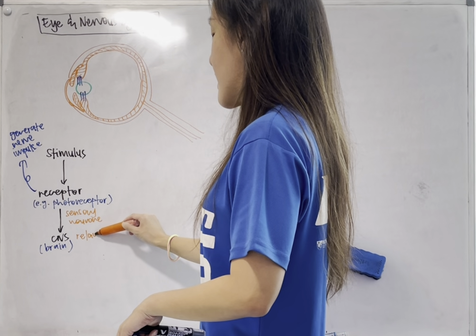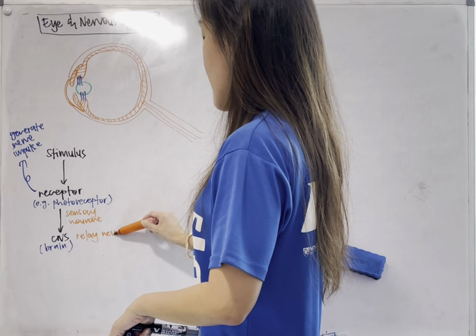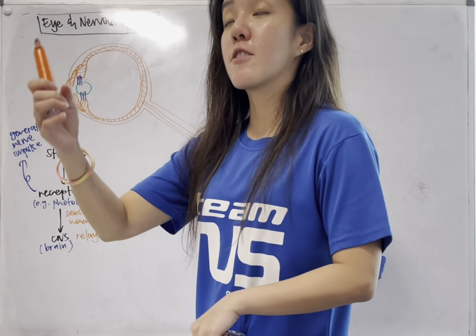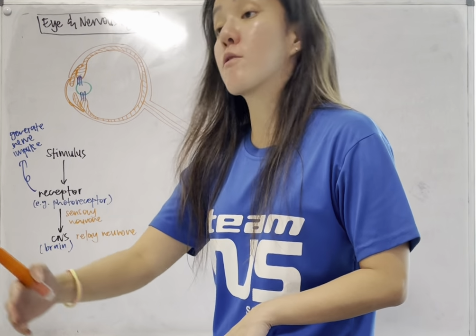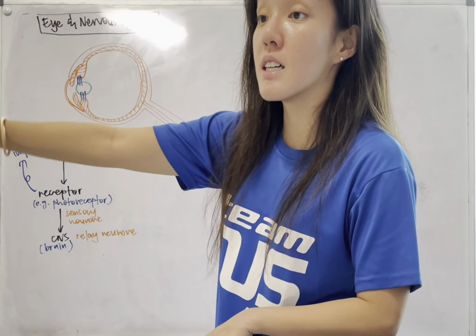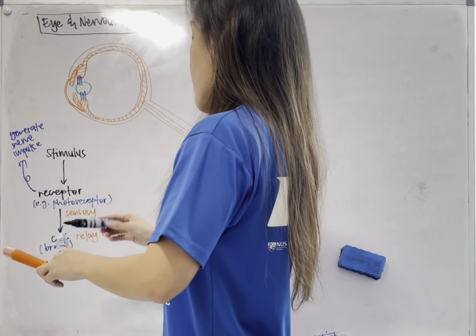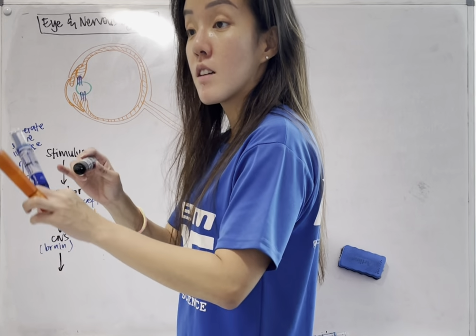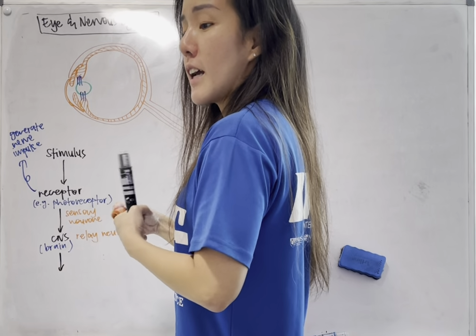Relay neuron. You always say you send nerve impulses from sensory to relay, across a synapse. And then from the relay to what neuron? Motor neuron, and you always say across another synapse.